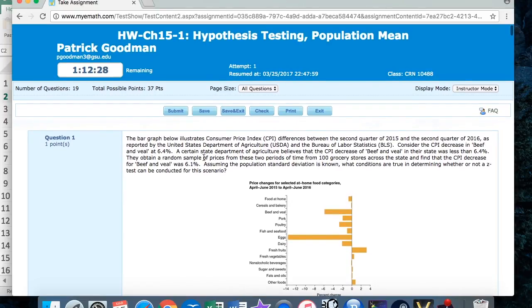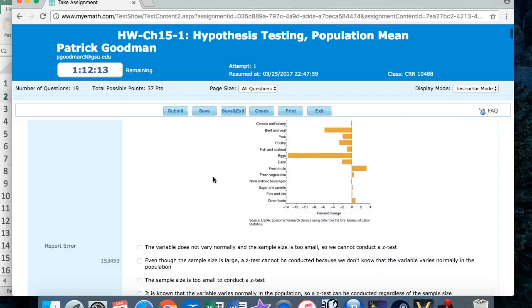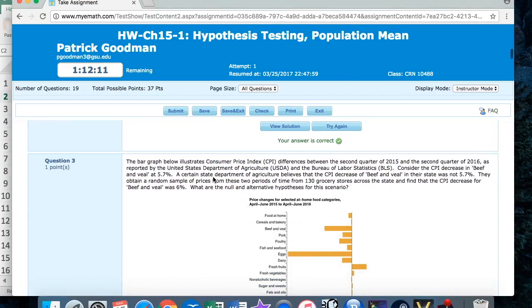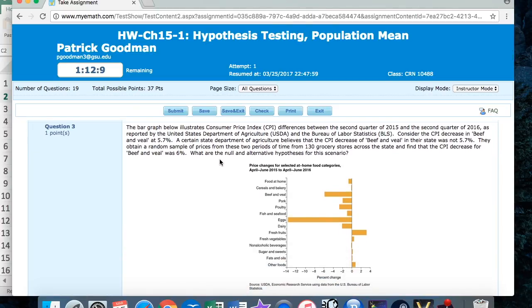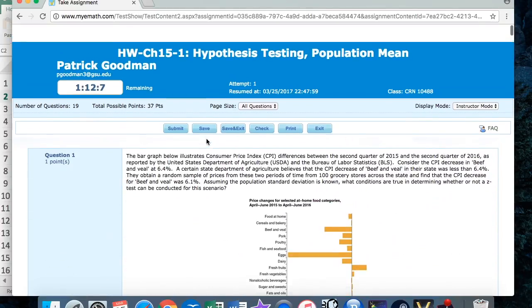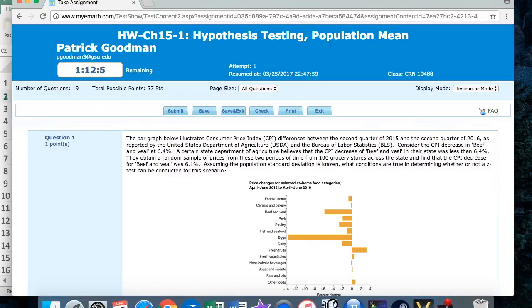They're all application problems, so these are real world problems that, if you become good at hypothesis testing, you'd be able to do in real life. These are actual studies that have taken place. Some of them are made up for our course, but some are actual real studies. Of course, the numbers change, but these were studies at one time.